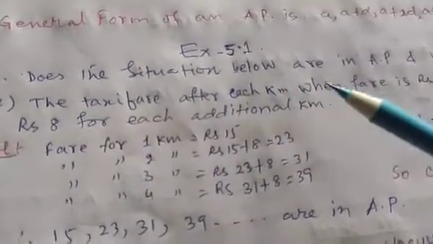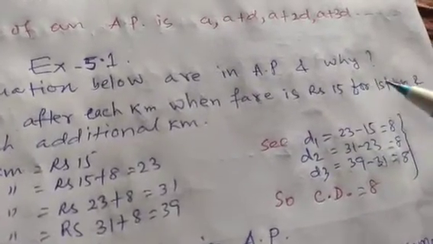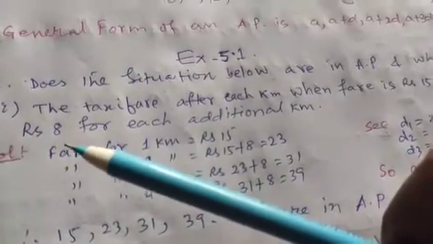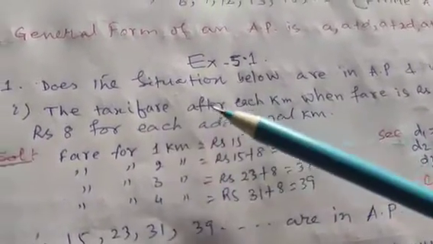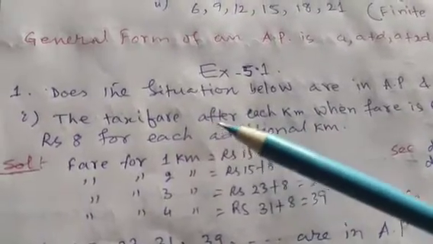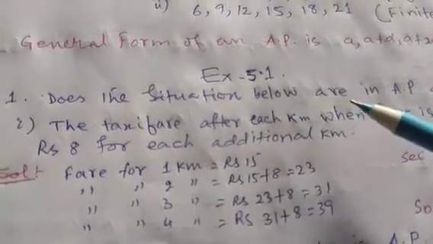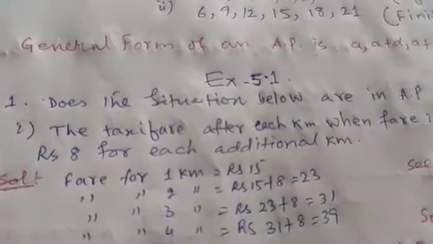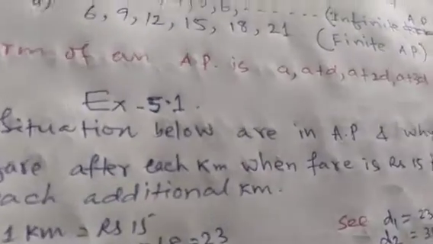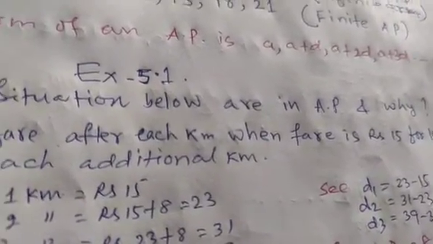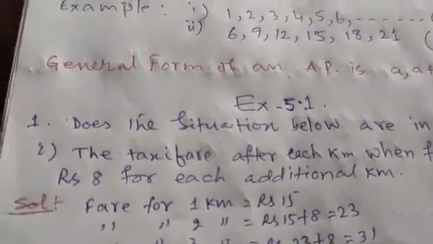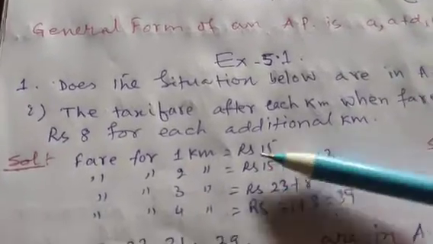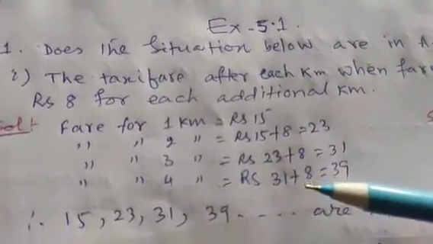The taxi fare: the fare is rupees 15 for the first kilometer and rupees 8 for each additional kilometer, means third kilometer again 8 rupees. Means the fare for the first kilometer is 15 rupees, and after that for every kilometer you have to pay 8 rupees. You have to show whether this is in AP or not.